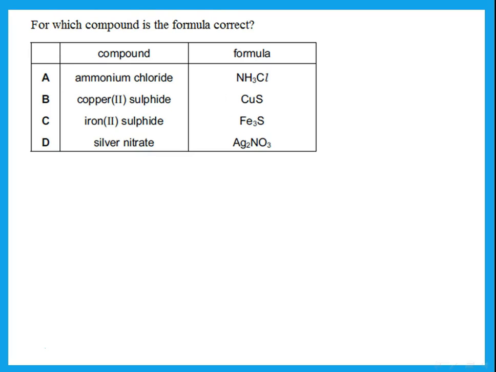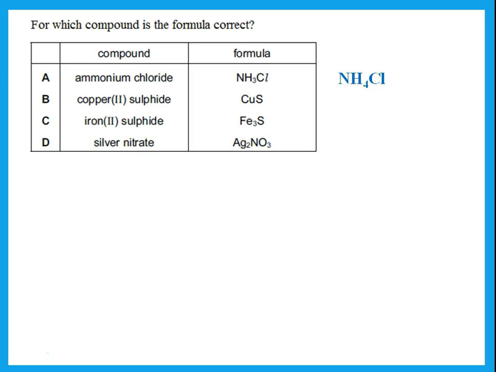Again, for which compound is the formula correct? Now he's saying ammonium chloride. We said, how do we write ammonium? Ammonium is not NH3. It's NH4Cl. Now, copper sulfide, we said sulfide or anything with an ide is what you have in the periodic table. So sulfide is different from sulfate.